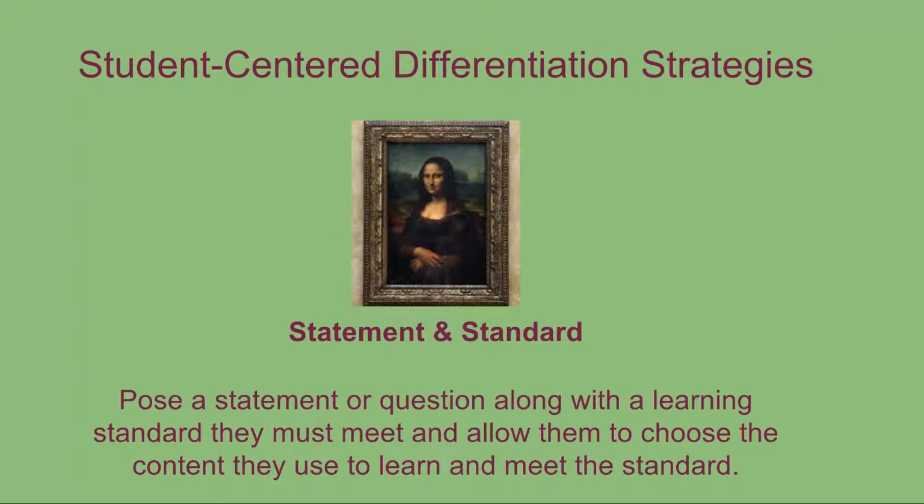After explaining to the students that works of art is much broader than paintings and can include literature, music, poetry, dance, sculptures, plays, etc., they can then be released to discover resources they will use to address the statement and ultimately prove proficiency on the learning standard. In this way, the learning content becomes their choice.